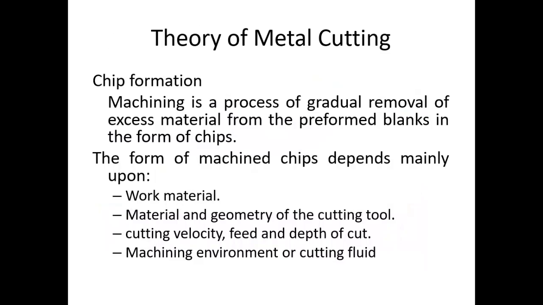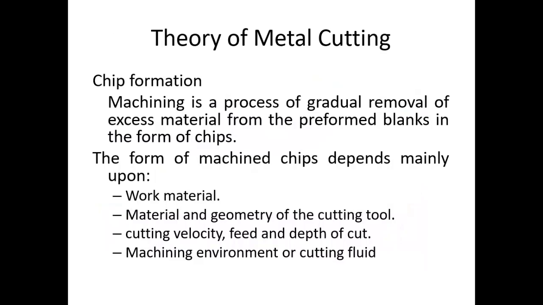The next concept is the theory of metal cutting. When we start cutting a metal, there are certain things to be considered. When we start a machining operation, the cutting tool is one, the workpiece is another, and the third is the machine tool. These three things come into picture.